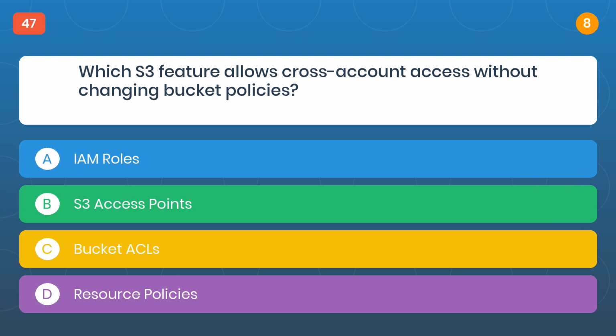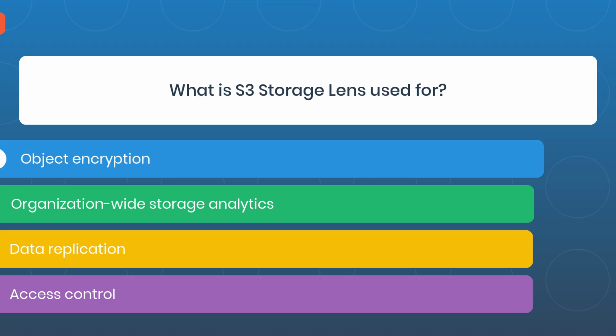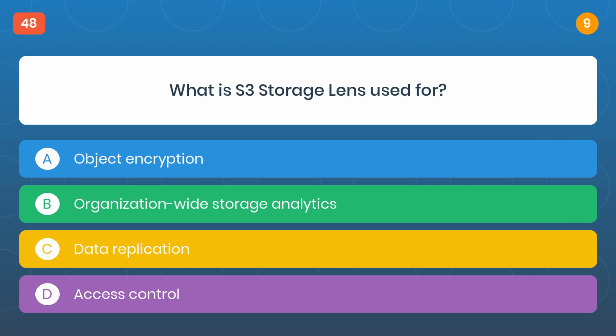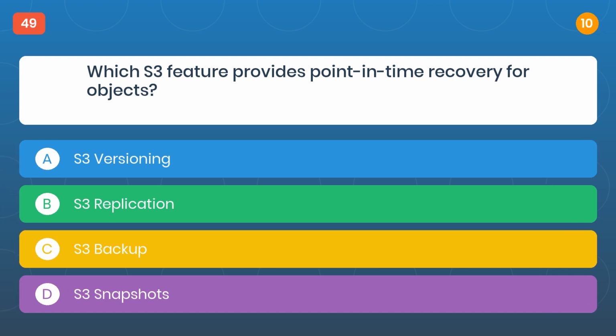Question 47. Which S3 feature allows cross-account access without changing bucket policies? The correct answer is B, S3 access points. Question 48. What is S3 storage lens used for? The correct answer is B, organization-wide storage analytics.